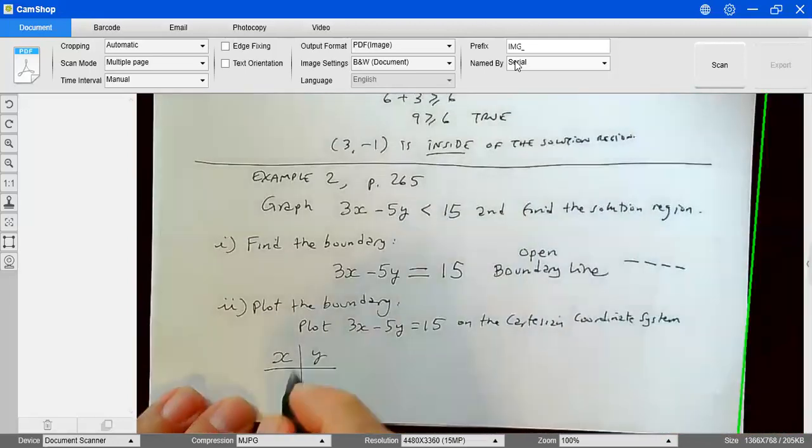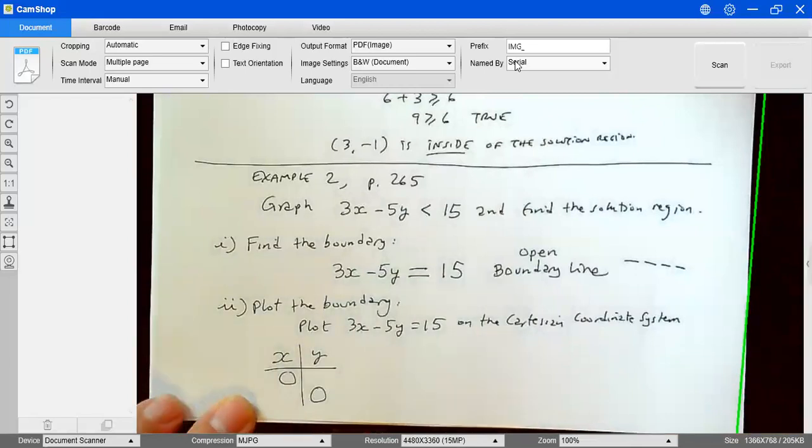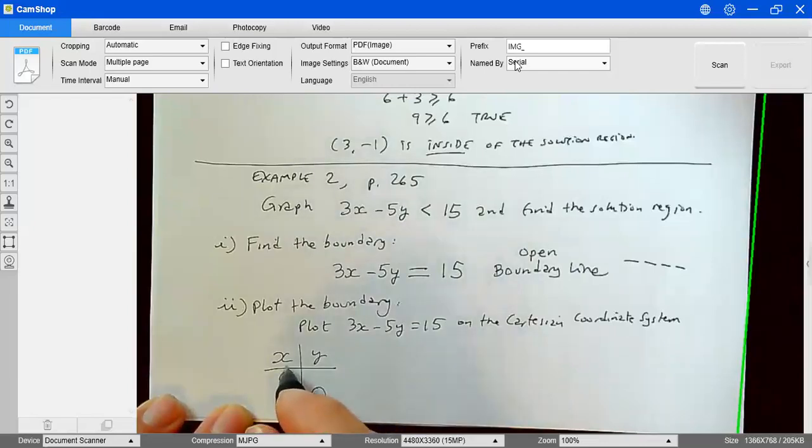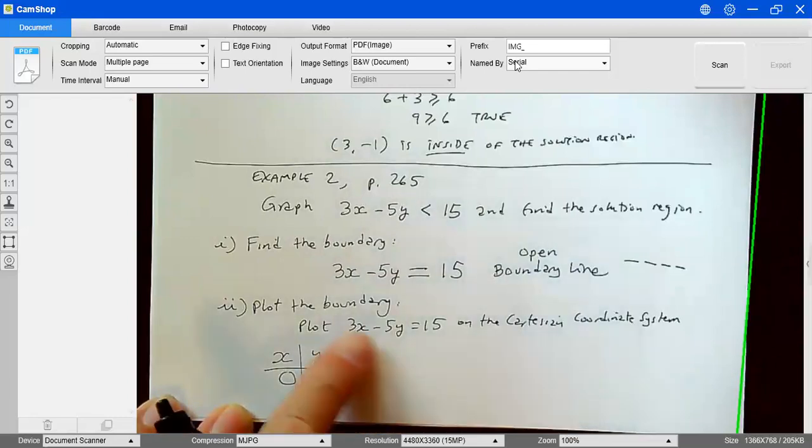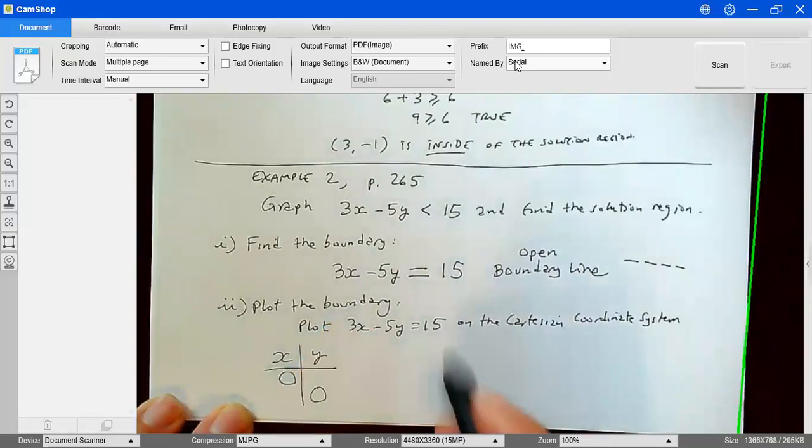So we're going to find the values for this in a table. In the first case, when x equals 0, I'm just going to hide the x term and write negative 5y equals 15.